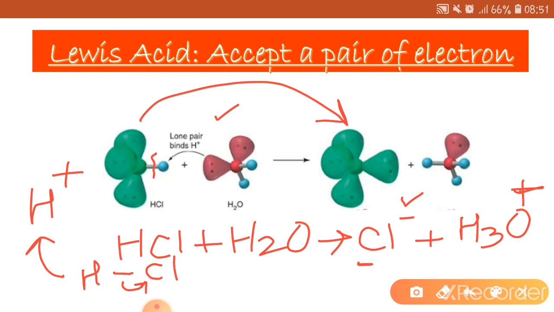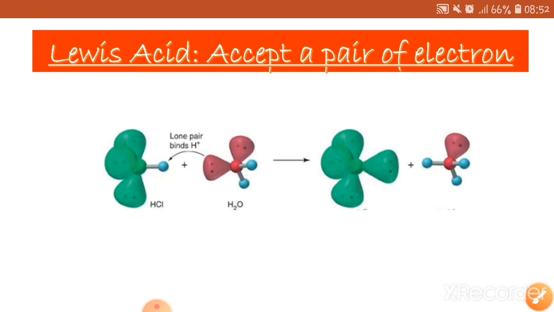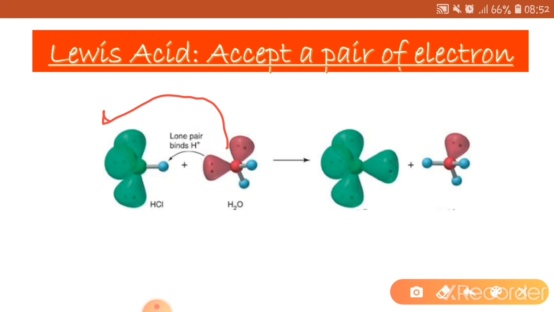So what would the oxygen do? Oxygen would donate its electron pair to the hydrogen ion, and this donation of electron pair will result in the formation of hydronium ion, and the bond between the oxygen and the hydrogen ion would be that of the coordinate covalent bond.